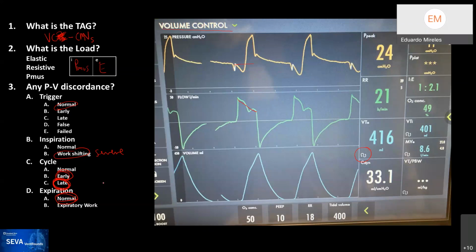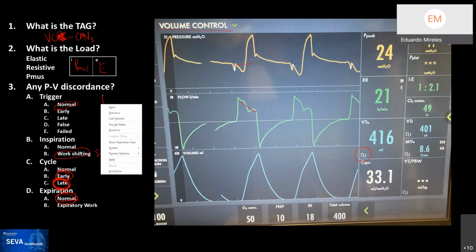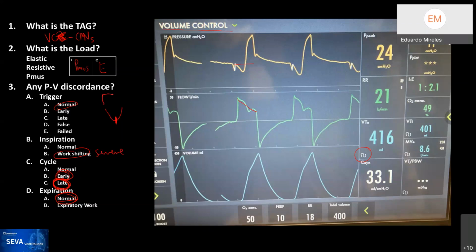And so how would we call the cycle? Remember, when you think about cycle, it's all in reference to the patient. So if the breath finishes here, you would want the inspiration to finish right there. That would be normal.